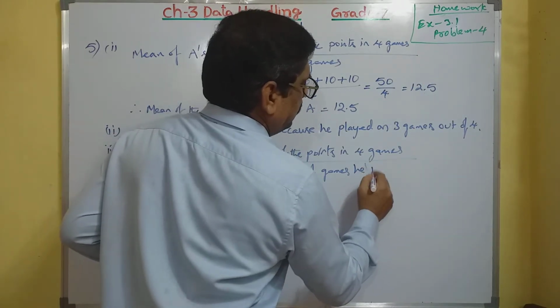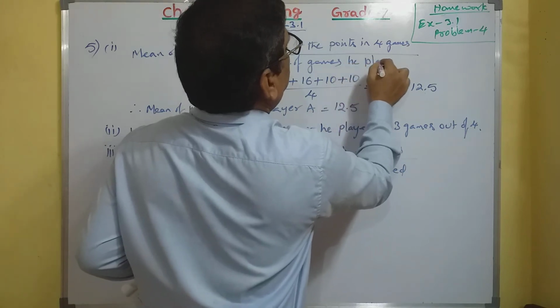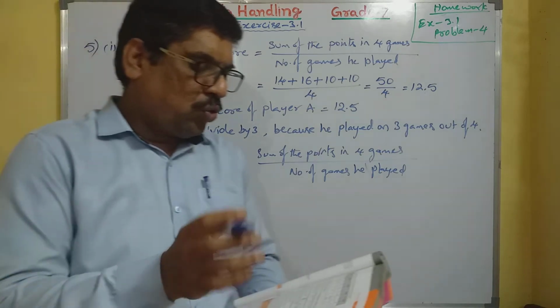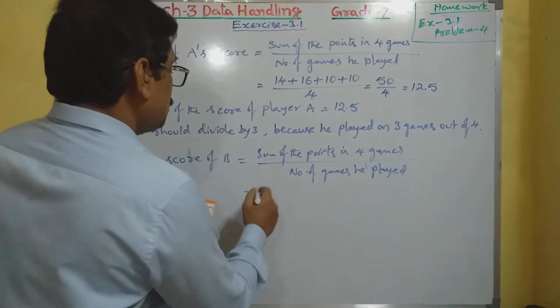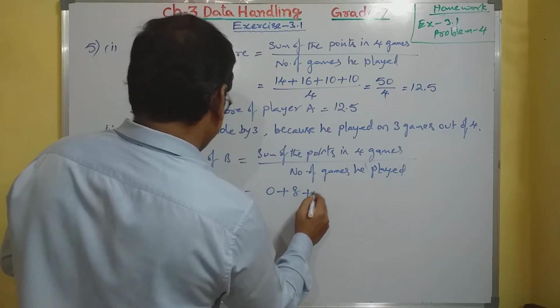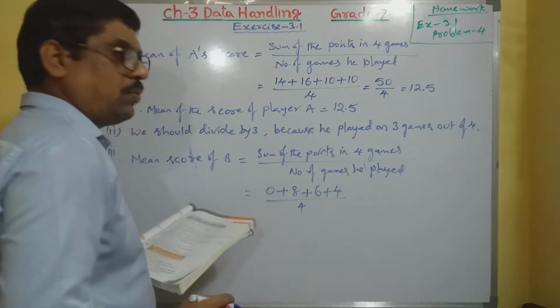Let us write like that. Okay, now what are the scores in 4 different games? In the first game he got 0 points. In the second one 8, third one 6, and fourth one 4, by 4.